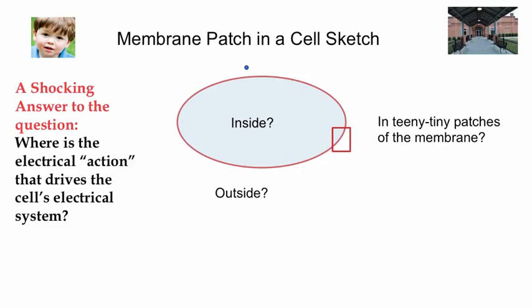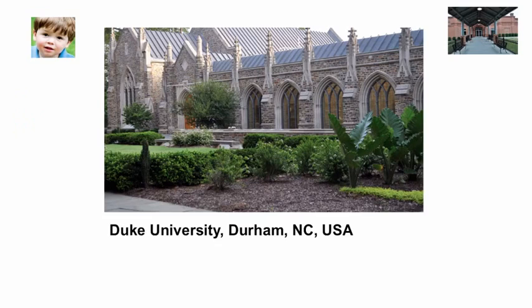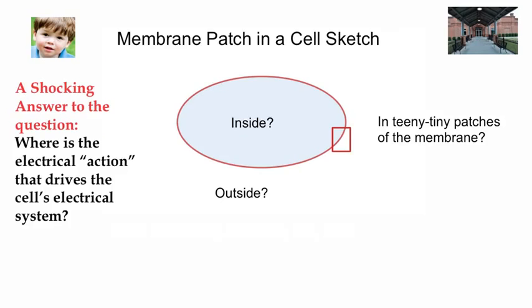So let me sketch a membrane patch. Where is the patch? Well, the patch is this little box right here, this portion of the membrane that is present. That much of it. That's a patch.